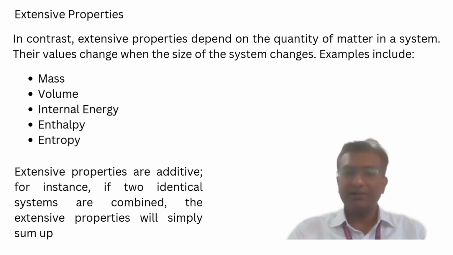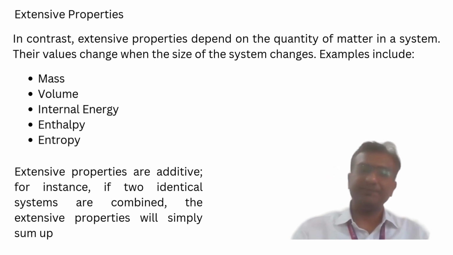To address this issue and to facilitate easier comparison between systems of different sizes, we introduce the concept of specific properties. These are derived from extensive properties but are made intensive by dividing them by the mass of the system. We will go deeper into the specific properties in the next slides.